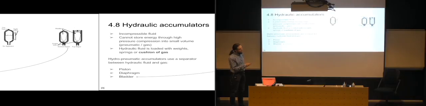You can let hydraulic fluid enter from the bottom, and it can fill up here and really compress the gas into basically just a very small ball inside the bladder. And then you can release hydraulic fluid again, letting the bladder expand with the pressure of the gas inside it and just forcing hydraulic fluid out of the accumulator.